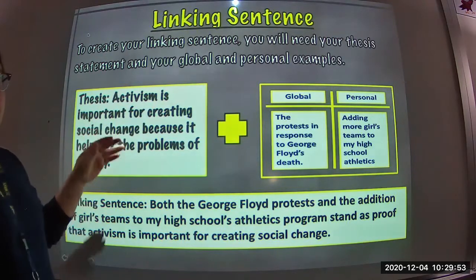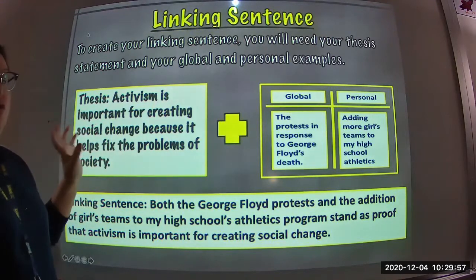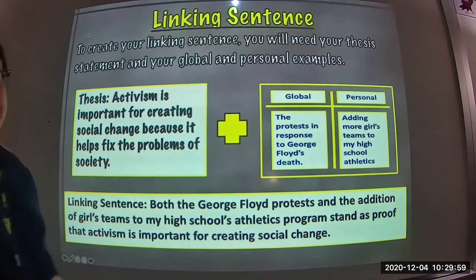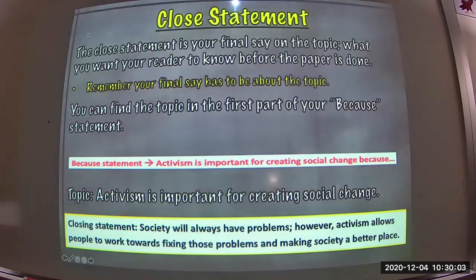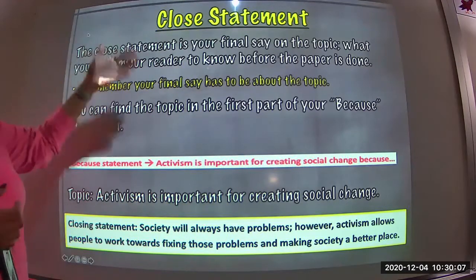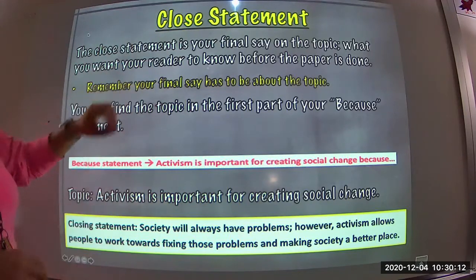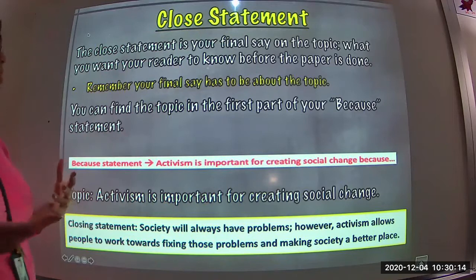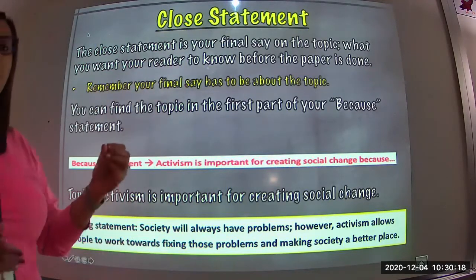Now, it may sound repetitive, but it is proving your point, and it's making sure that you stay on track and on topic. And then, since the closing statement is your final say on the topic, what you want your reader to know before the paper is done. So remember, your final say has to be about the topic.